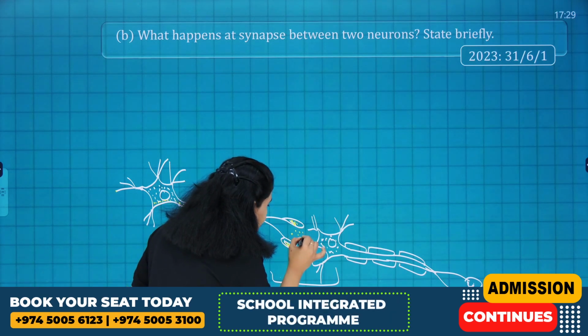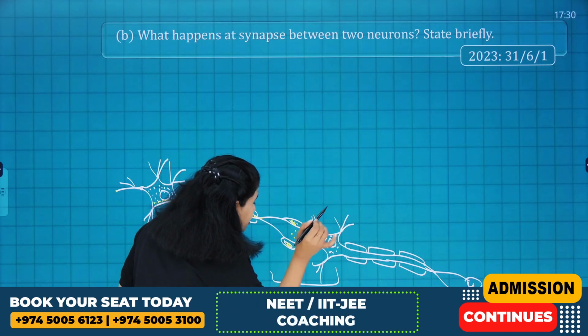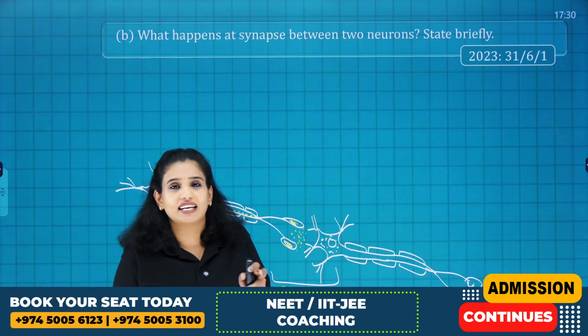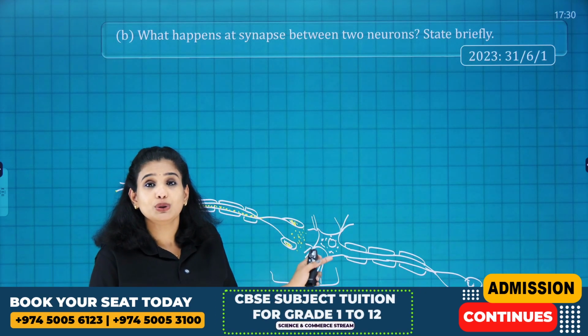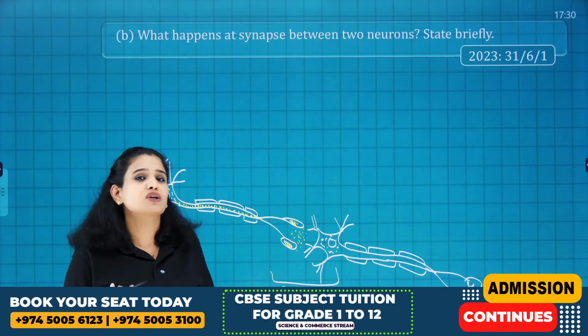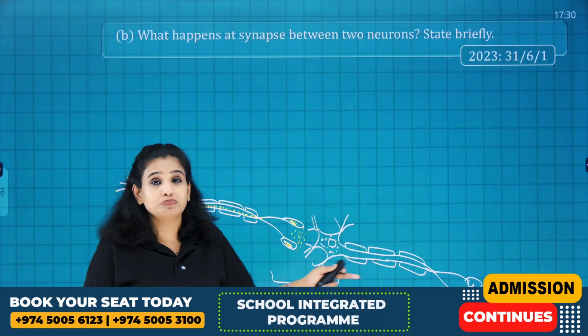The chemical that is present in the synaptic vesicle is released in this junction. What is that junction called? A synapse. Because of the presence of these neurotransmitters, it can transmit the impulse.